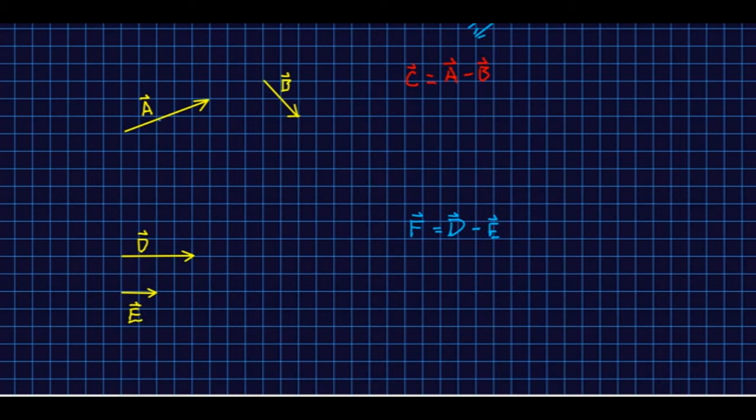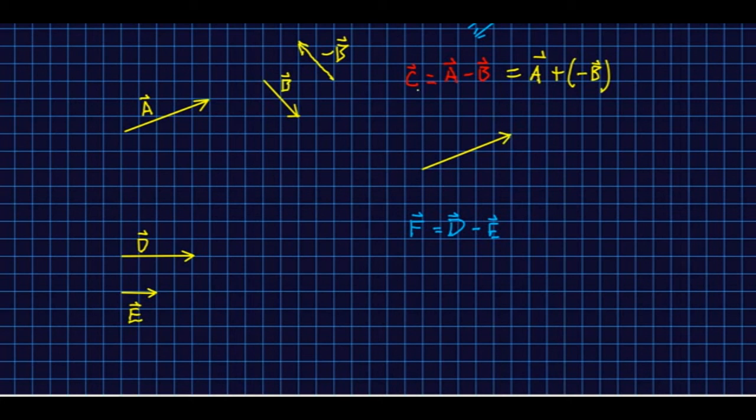Now that we know how to multiply a vector by a negative scalar, we know how to do vector subtraction. Because think about C, that is some a minus b. We can rewrite that as a plus negative b. So what we need to do to subtract them is first take b and flip it around so that we get negative b. And now let's add them. So I'll redraw a over here.